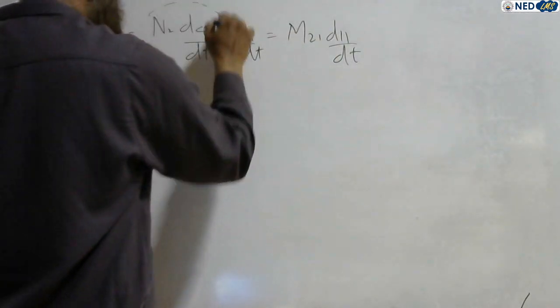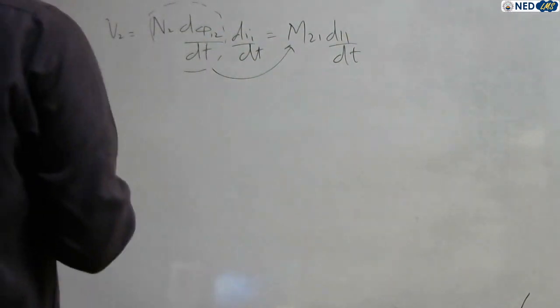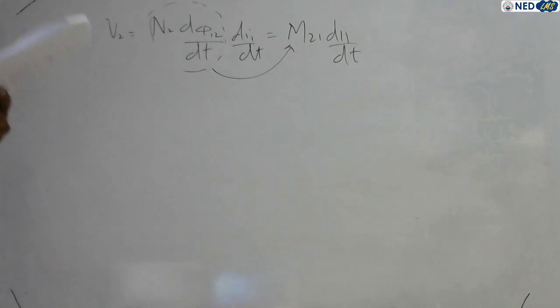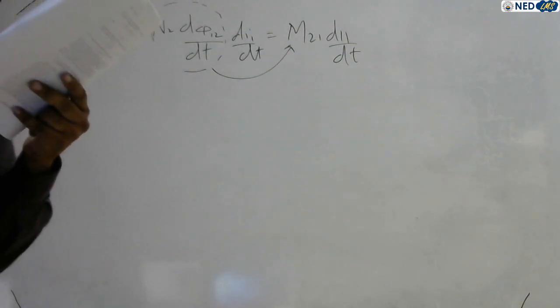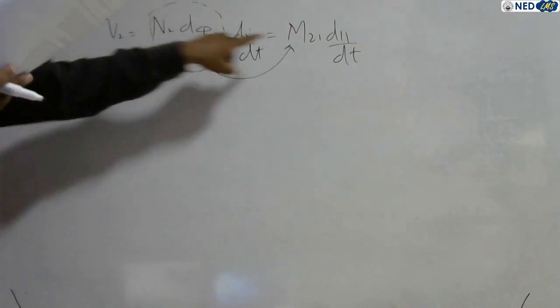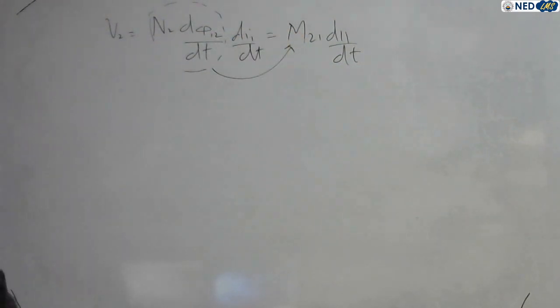This term is M21, right? So M21 is known as the mutual inductance of coil 2 with respect to coil 1.